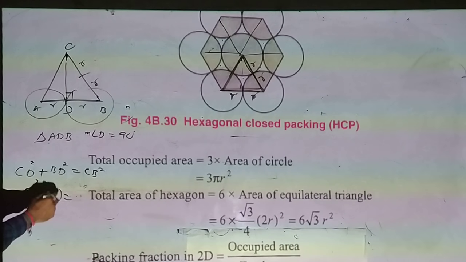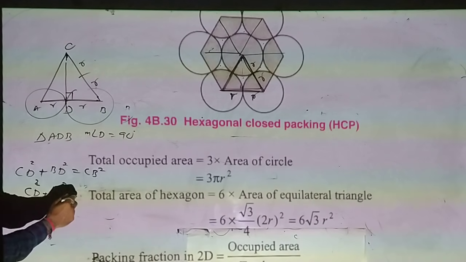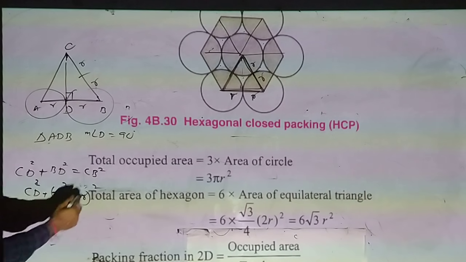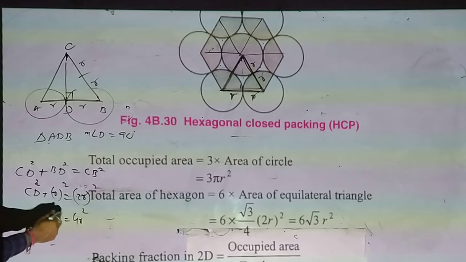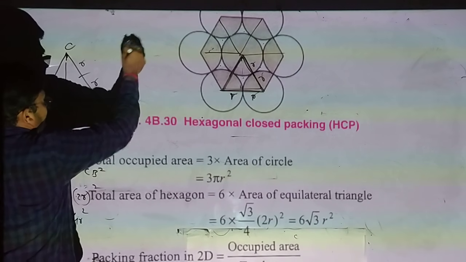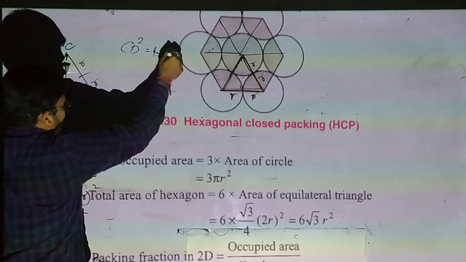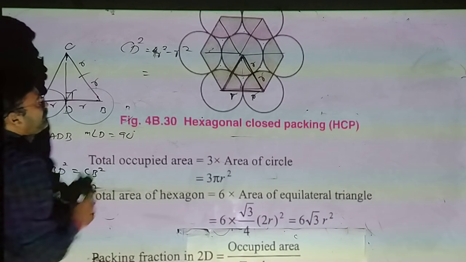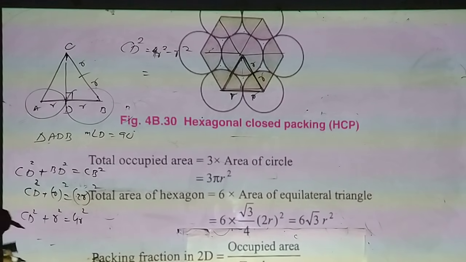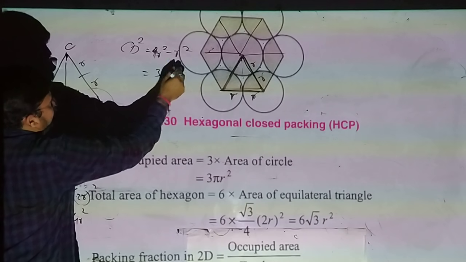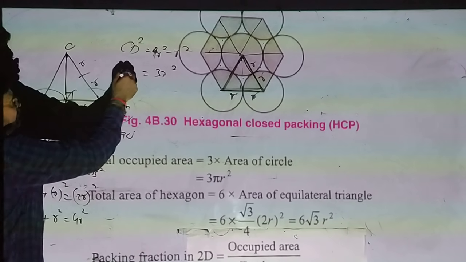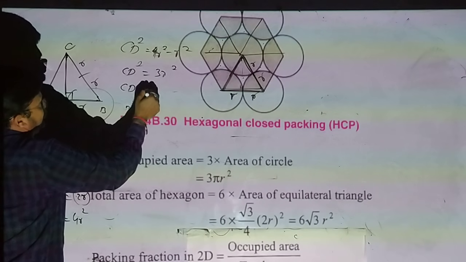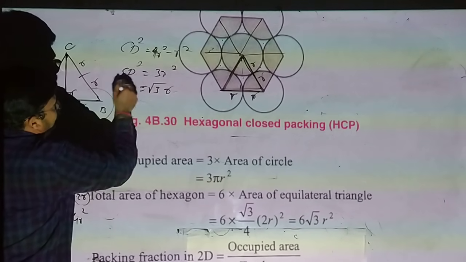BD square is R square. Here CB is 2R, so square is 4R square. Here R square plus CD square, so CD square is equal to 4R square minus R square. We are simplifying, so 3R square. So CD is equal to under root 3 R.